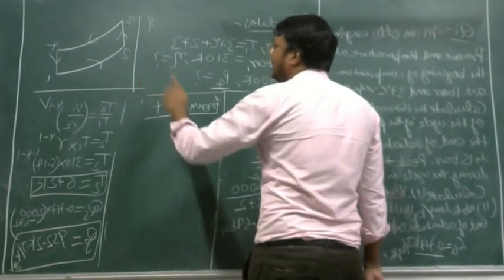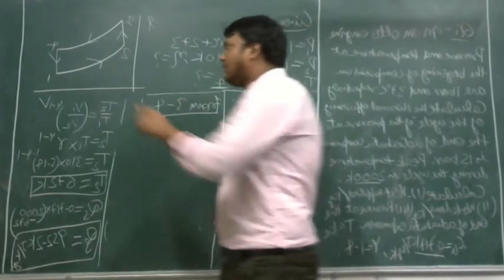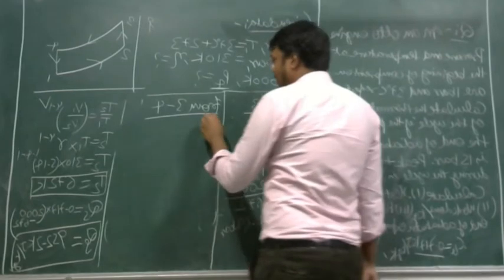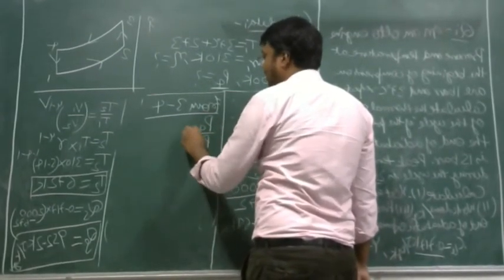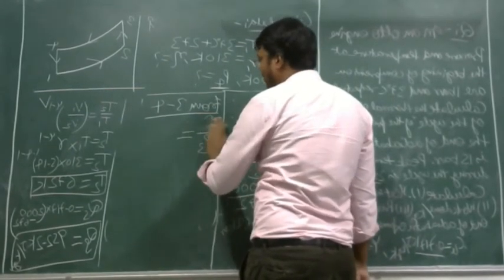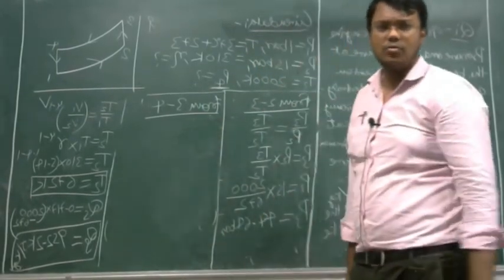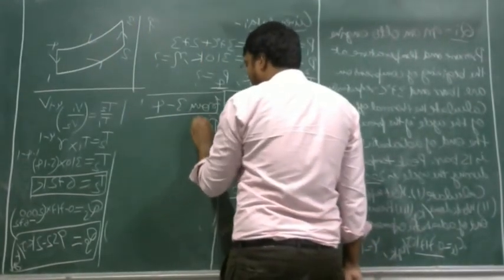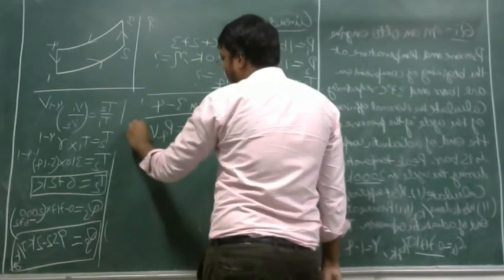From 3 to 4 we again have an adiabatic process, so we apply the same equation we applied for 1 to 2. We can apply the general equation, P1 V1 to the power gamma is equal to P2 V2 to the power gamma. So for 3 to 4, P3 V3 to the power gamma equals P4 V4 to the power gamma.